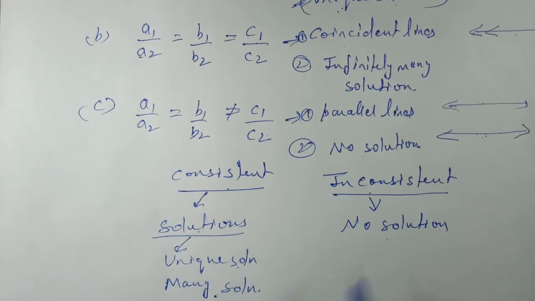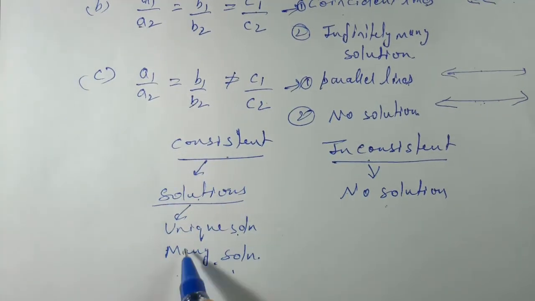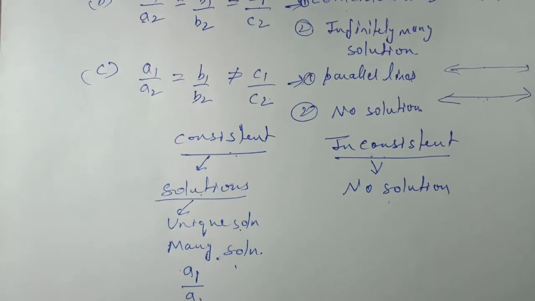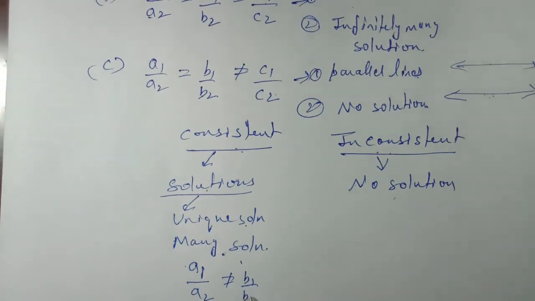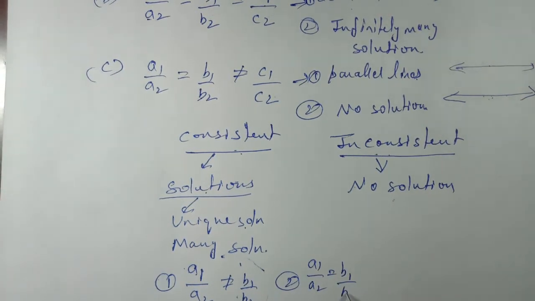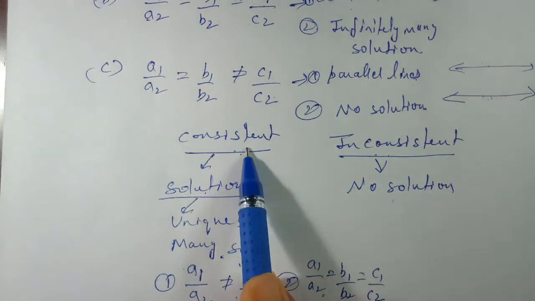So according to what we have just learned, for consistent, if the condition is a1 upon a2 not equal to b1 upon b2, then the pair of linear equations is consistent. Or if the first two ratios are equal and the last one is also equal, then it has many solutions, which again means the pair is consistent.